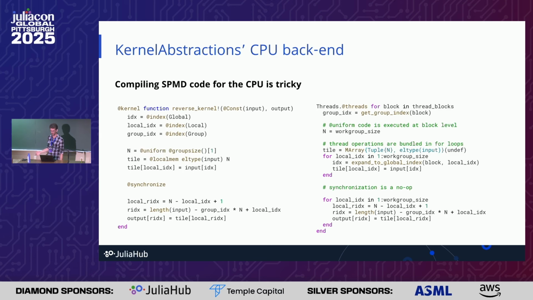And for example, for a simple reversal kernel, which will reverse the elements of an array, that basically boils down to generating loop nests, processing multiple work items of each block in a row, and then in between the loop nests, you have implicit synchronization because the one loop nest finishes and then the other loop nest starts again.